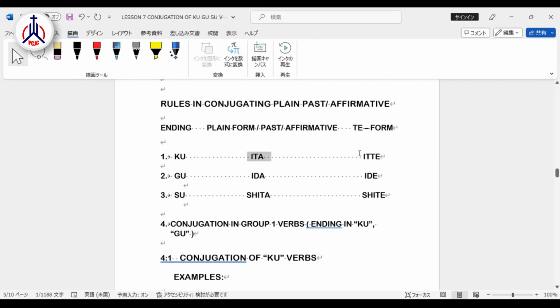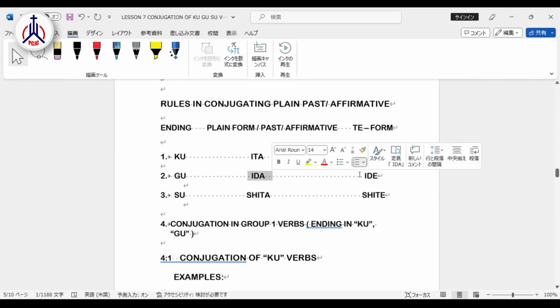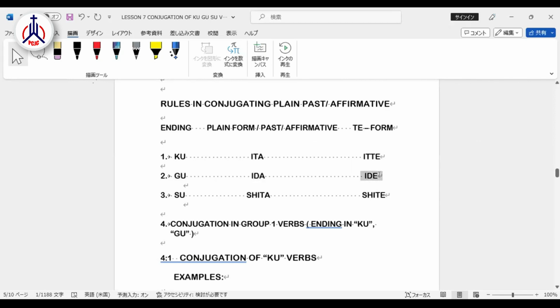In the te form, it will become ite. For gu, it will become ida, and in the te form, ide. For su, it will become shita, and in the te form, shite.